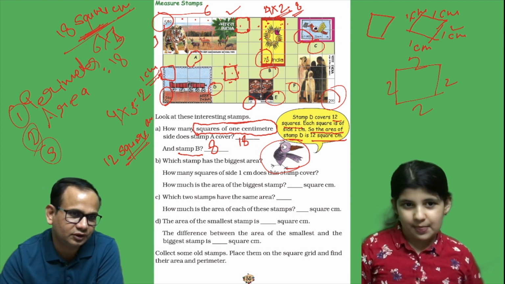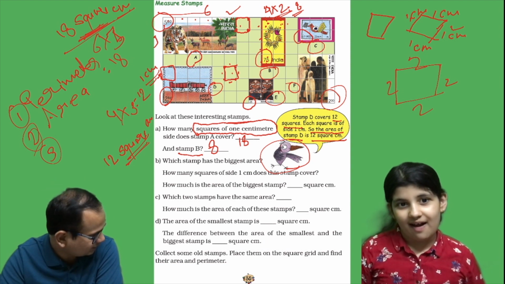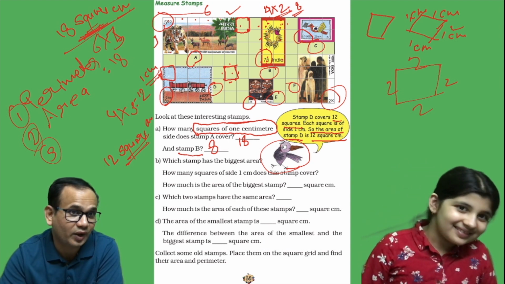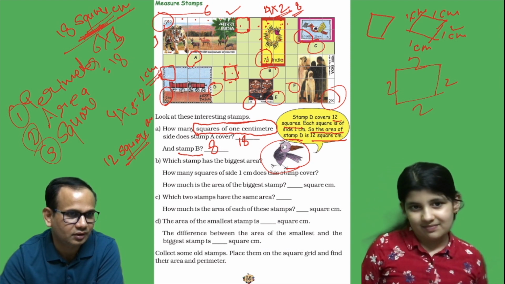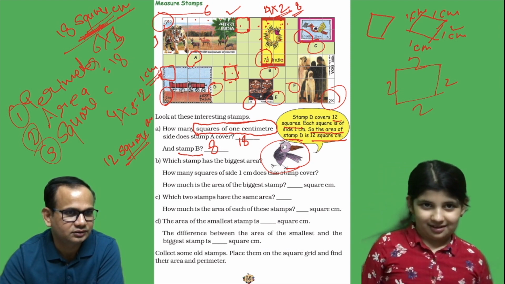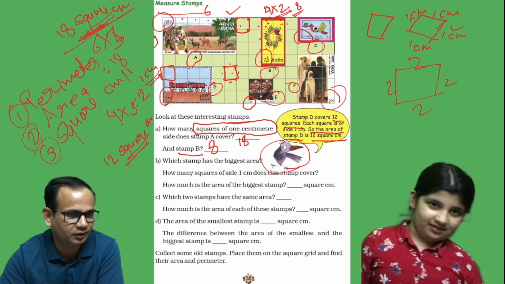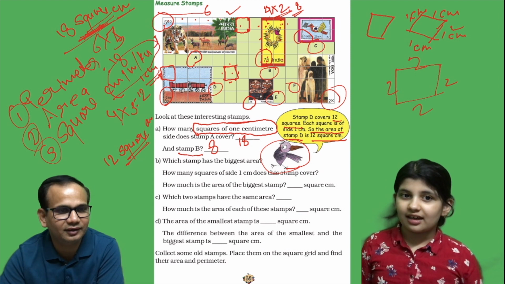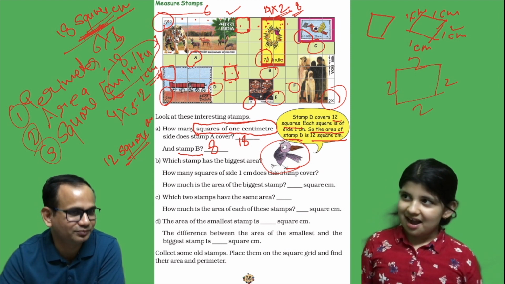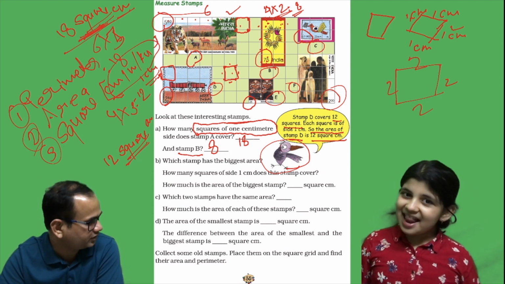We understood how to measure area in square centimeter, square meter, or square kilometer. Liter will not be used, because liter is a unit of volume. We will discuss that also.